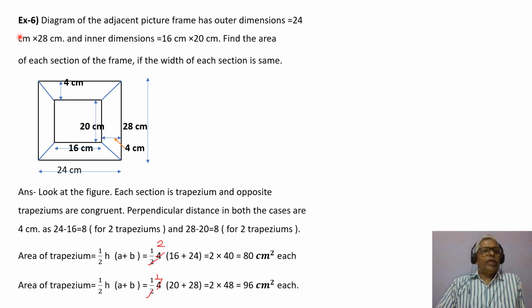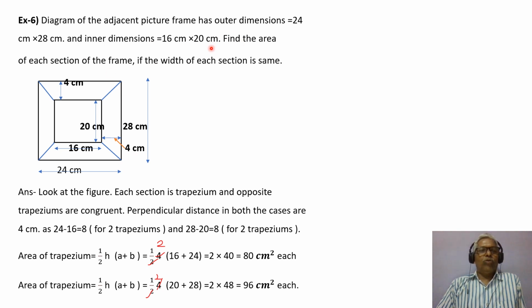Sixth one, exercise number 6. The diagram of an adjacent picture frame has outer dimensions equal to 24 centimeters into 28 centimeters. This is a diagram of a picture frame, and it says this is 24 centimeters outer and this is 28.